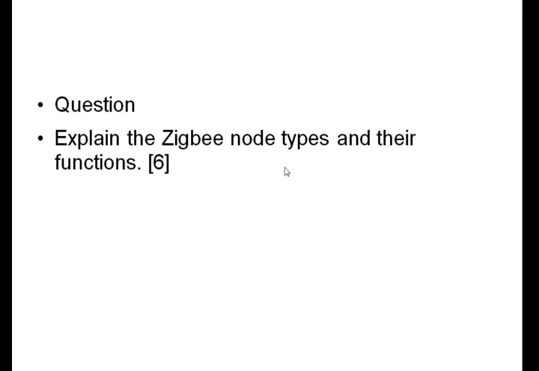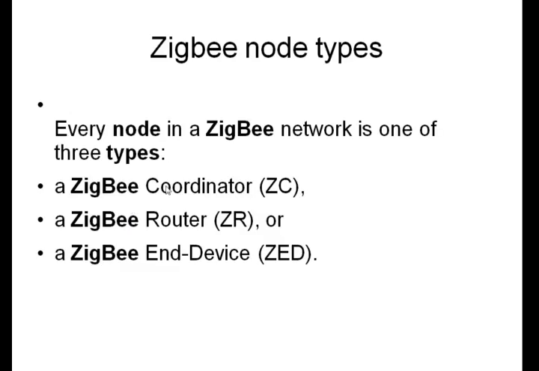Explain the ZigBee node types and their functions. This is the answer to the question. There are three types of nodes in ZigBee: the ZigBee coordinator (ZC), the ZigBee router (ZR), and the ZigBee end device (ZED).